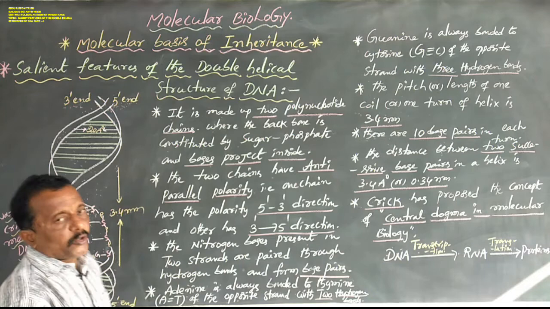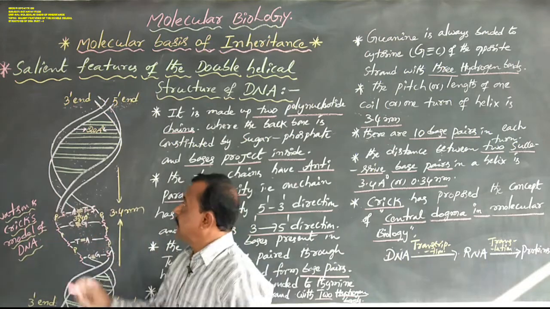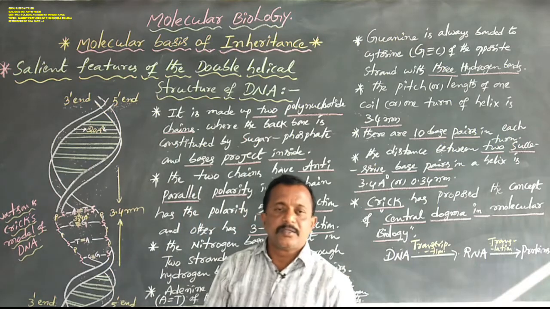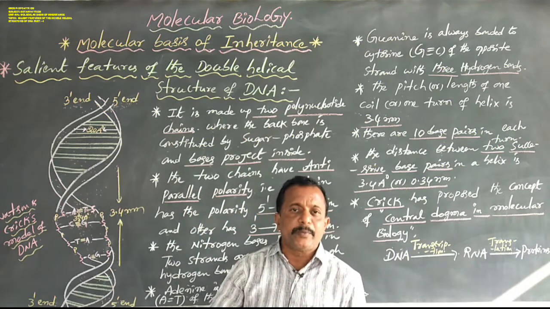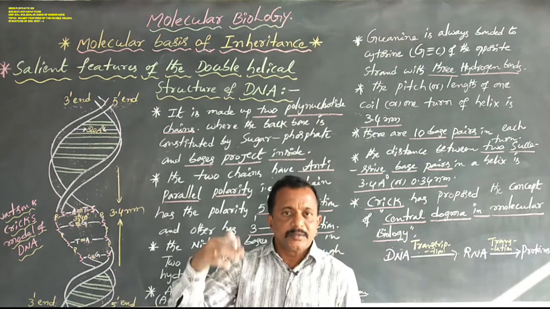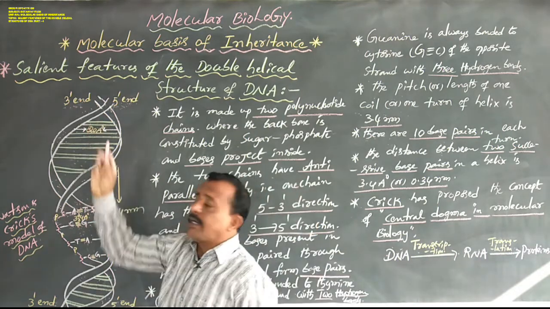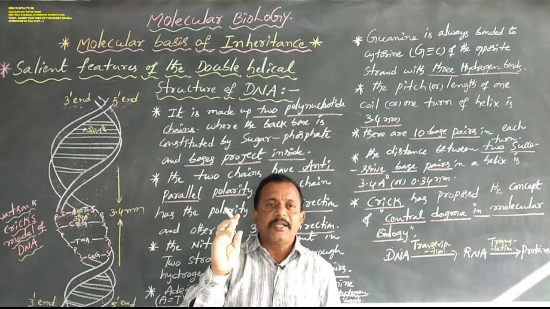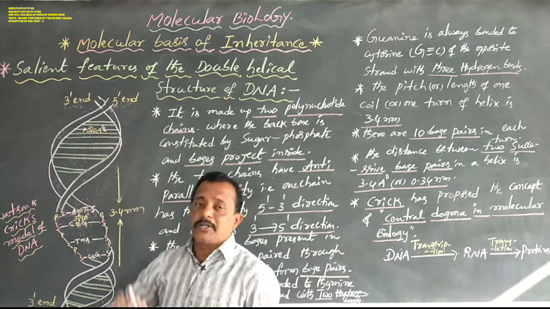And the radius of DNA is 20 angstroms. So between the purines and pyrimidines, between one nitrogen base pair and another, the radius of the DNA is 20 angstroms.